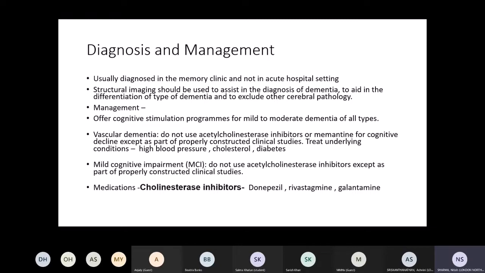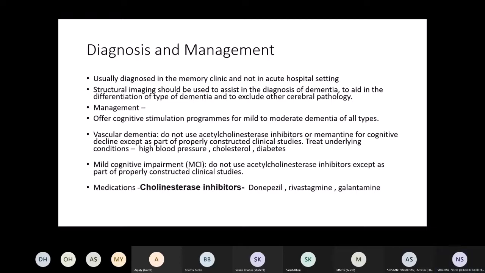Structural imaging should be used to assist the diagnosis of dementia. Ideally you would have a CT scan that shows atrophy or small vessel disease, which could point to vascular dementia. Also, this is very important to rule out any other cause of the patient's loss of memory or vision.